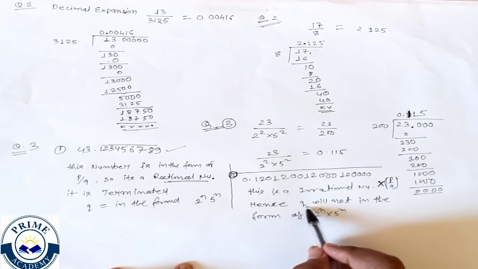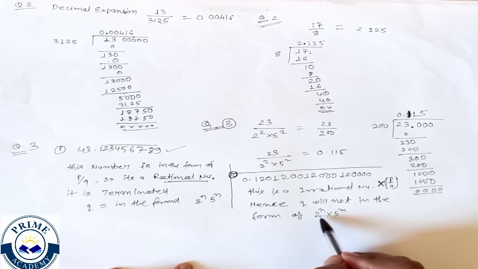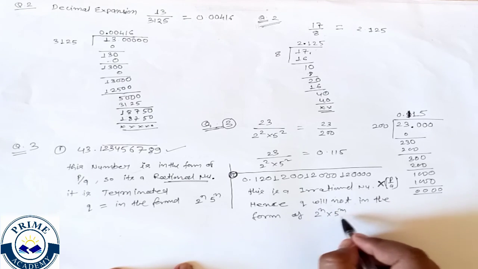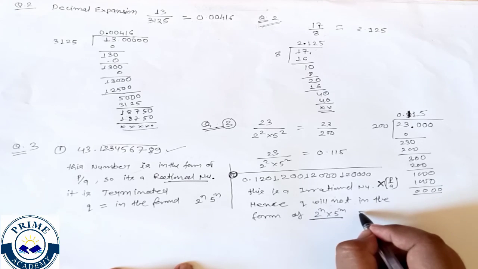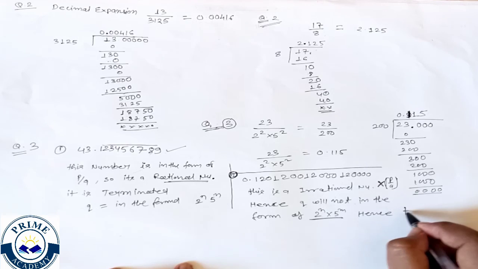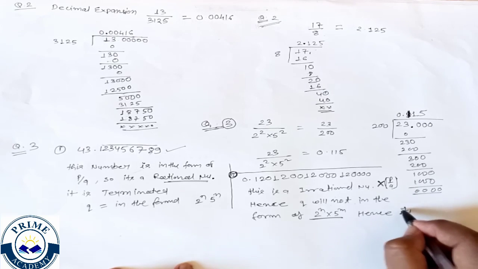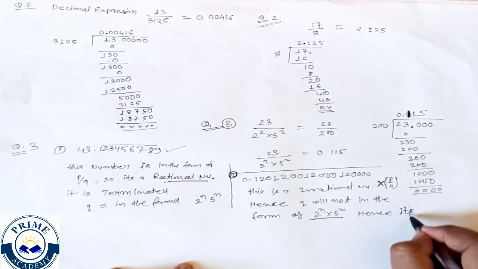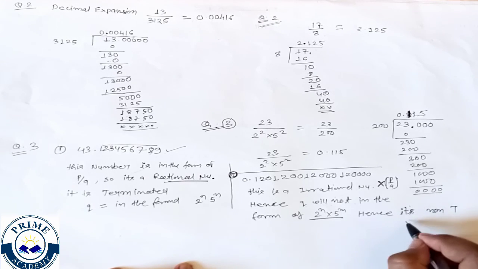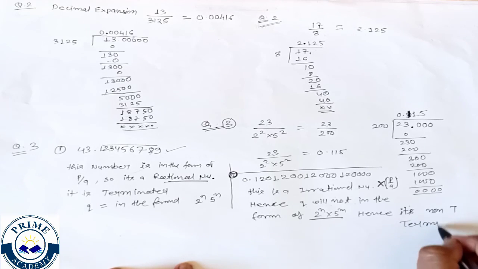Hence you can say that q will not be in the form of 2 to the power n and 5 to the power m. So this is not following this, hence it is non-terminated. I can write it, not terminated, right?